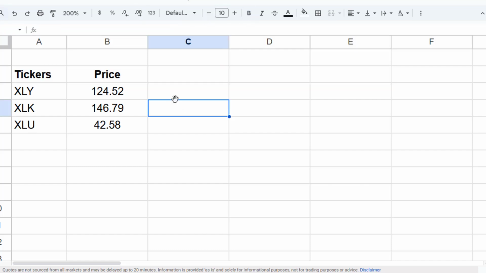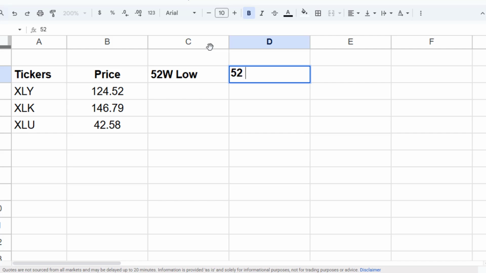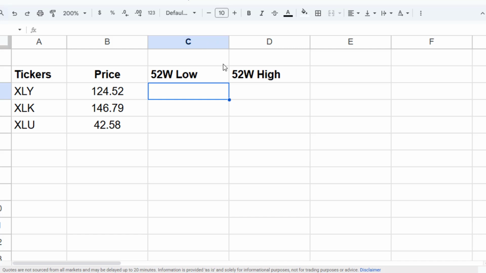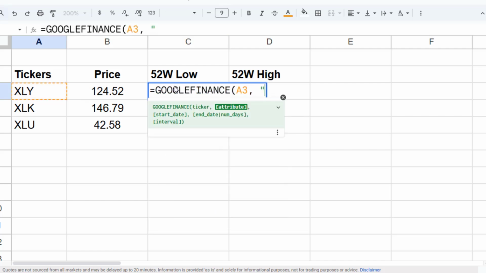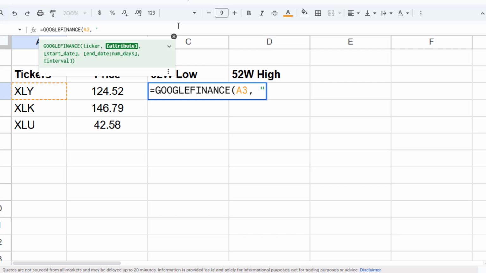The next thing is, I want to know the 52-week low and also the 52-week high. We do the same. GOOGLEFINANCE, selecting the ticker, and then we have a function called 52 low.